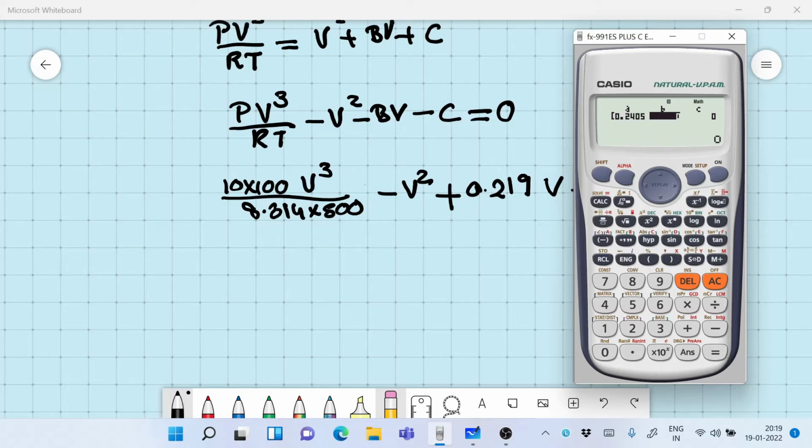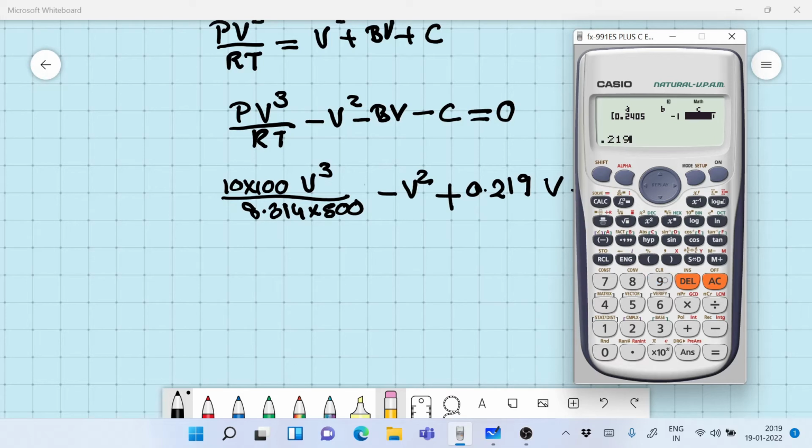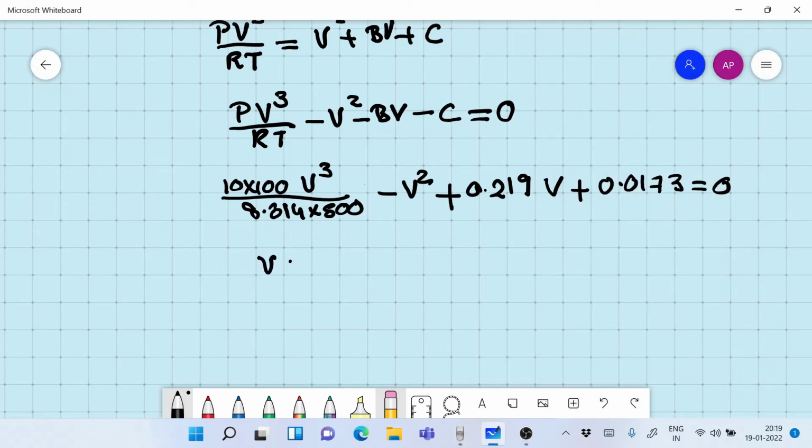Minus 1 is going to be the constant for V square. 0.219 is going to be the constant for V. And finally, we are going to have 0.0173. And now we have the volume. That's 3.92 meter cube per kmol.